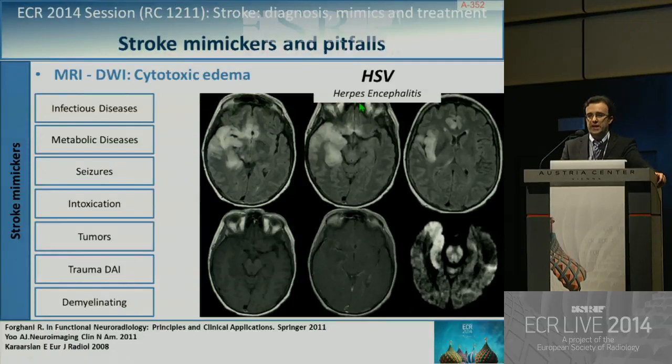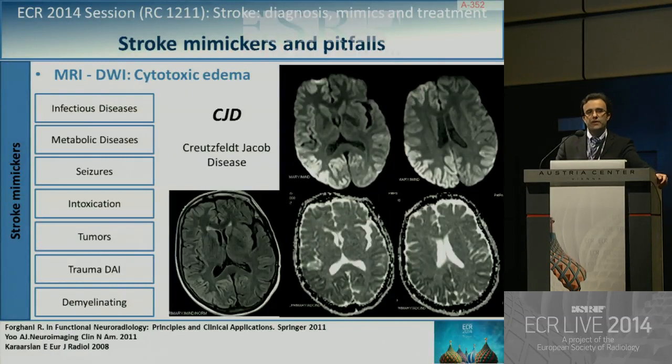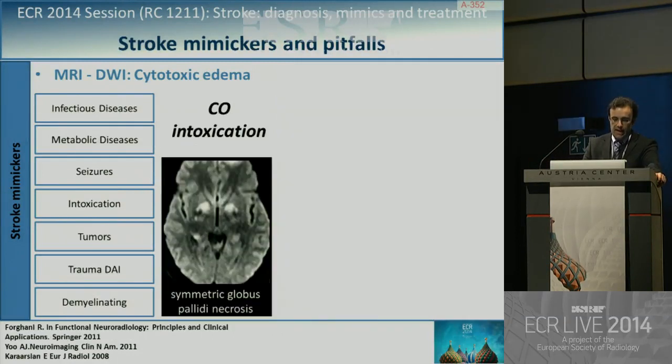So herpes encephalitis, targeting the limbic lobe, can have also a cytotoxic edema in the pathogenesis of this infection. You can also have cortical cytotoxic edema associated with Creutzfeldt-Jakob disease, as you know, and this makes the differential diagnosis with cortical necrosis, but the clinical context is completely different.